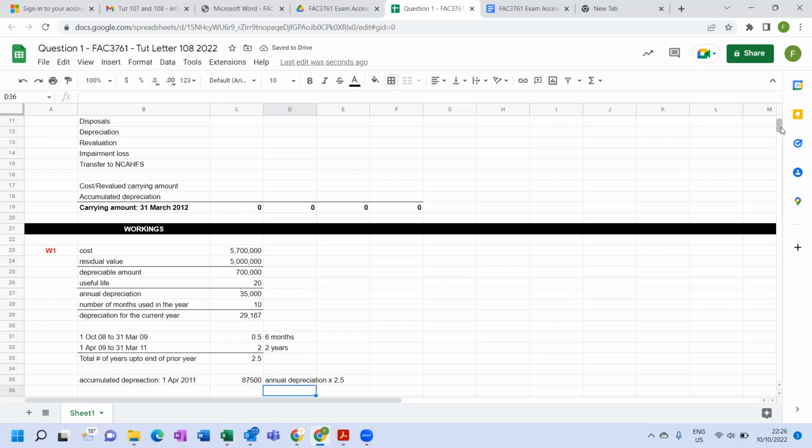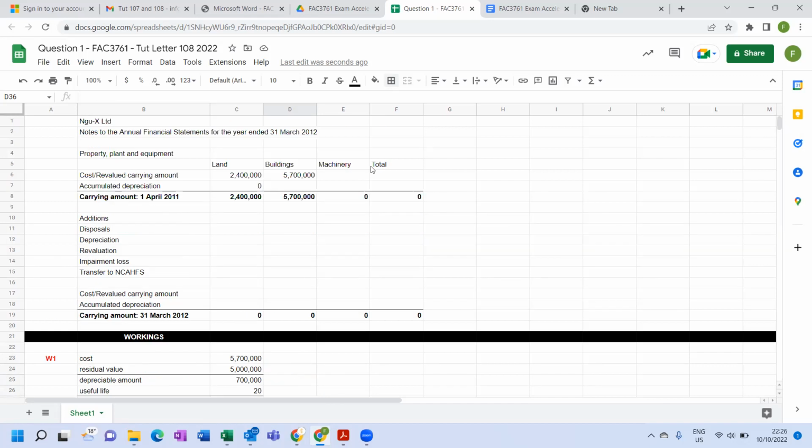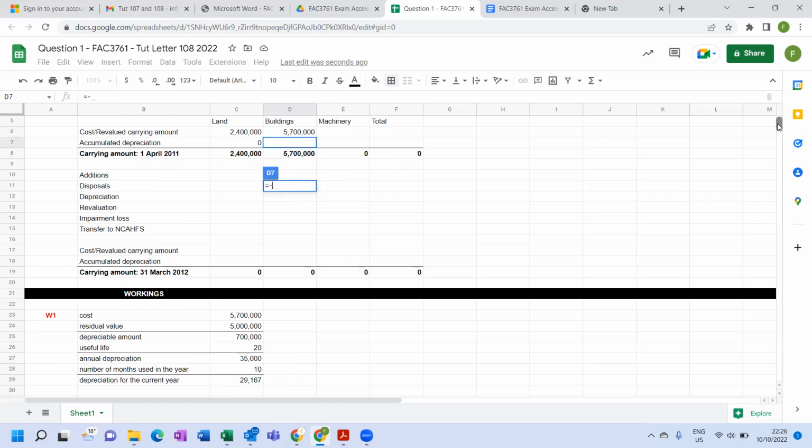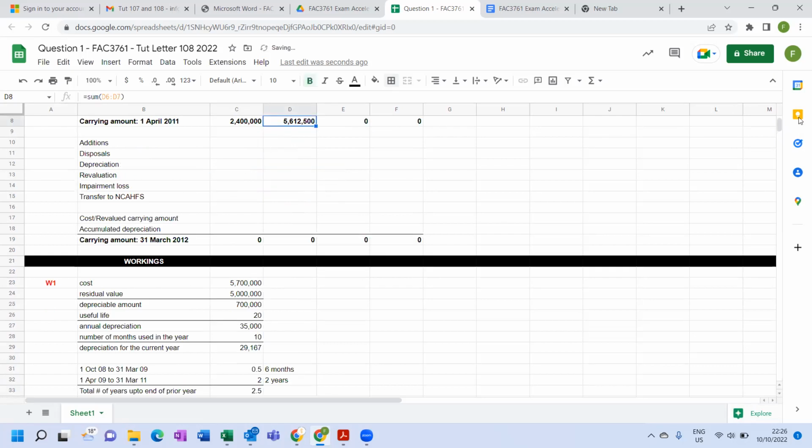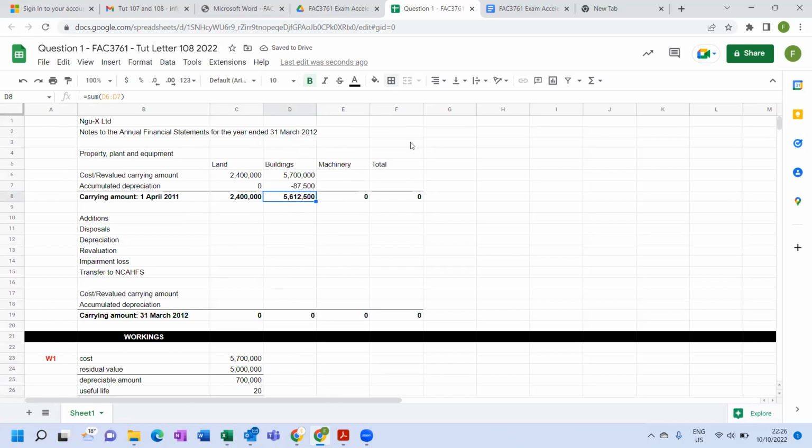So that will give you accumulated depreciation, which is negative 87,500. So here we have it, and that's my carrying amount at 1 April 2011.